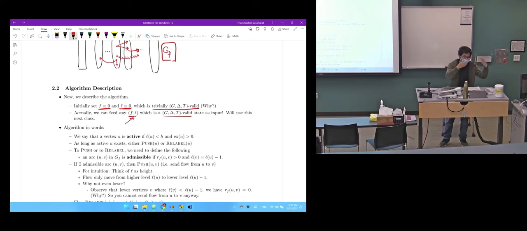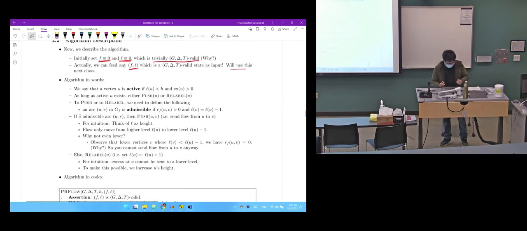If you give any valid state as an input, it will give you a valid solution as an output. So in today's class, we will use the trivial valid thing. But next class, we will actually need to input something non-trivial, like to do some warm start.